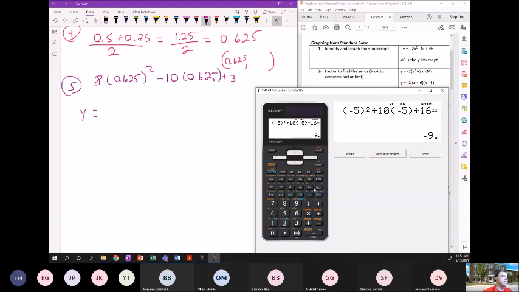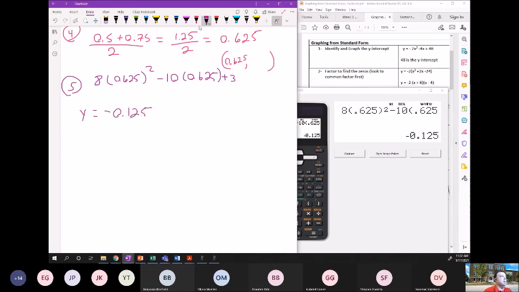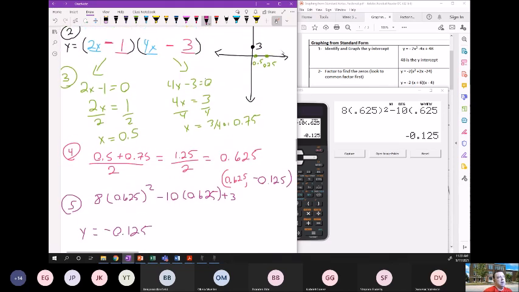Okay. So I have 8 bracket 0.625 bracket squared. That's going to go about there. Then we draw our parabola.